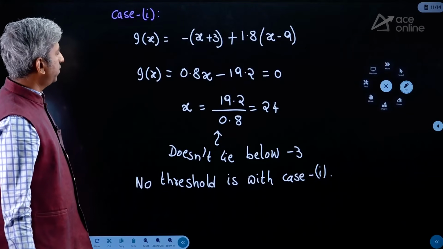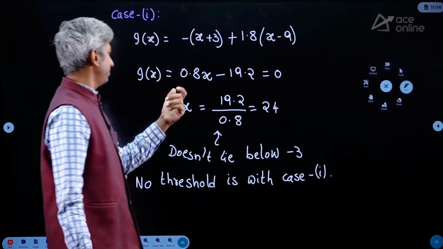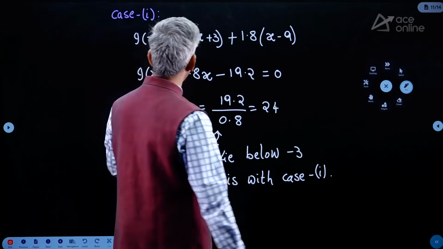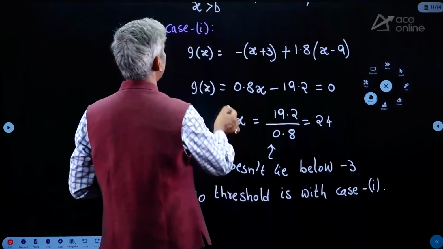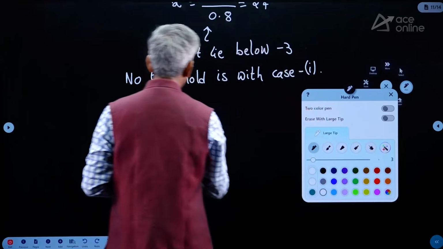And another observation is, from this expression g of x is equal to 0.8x minus 19.2, let us consider the expression that is associated with this case.